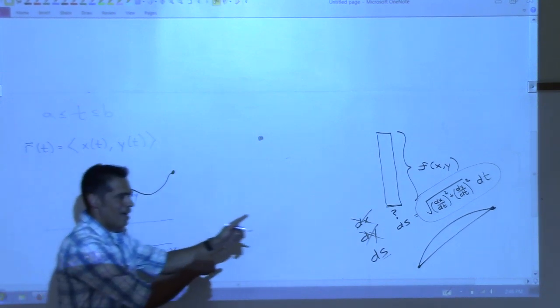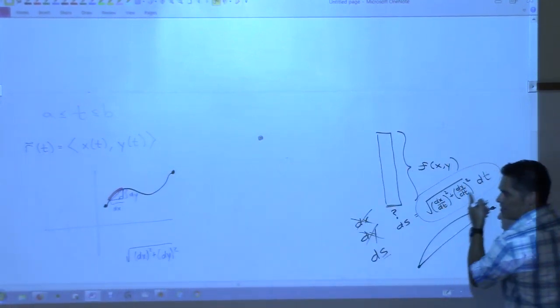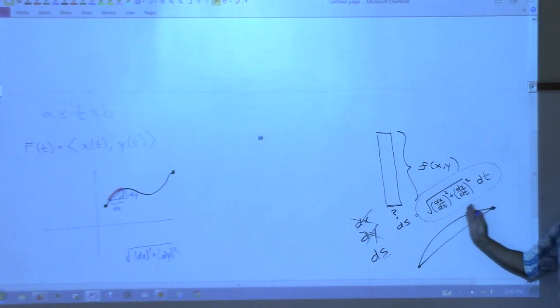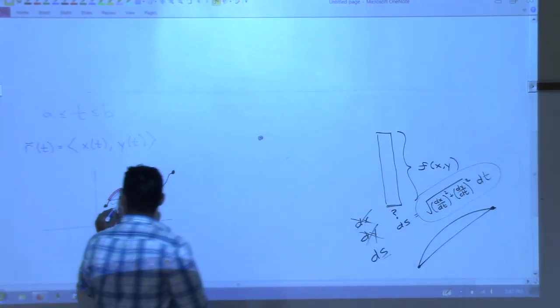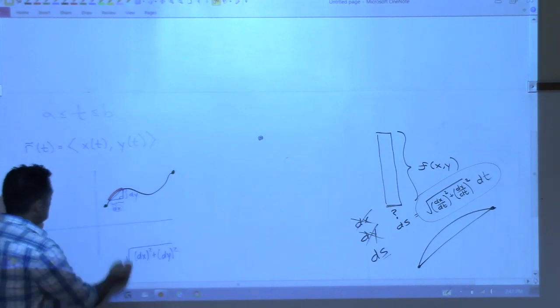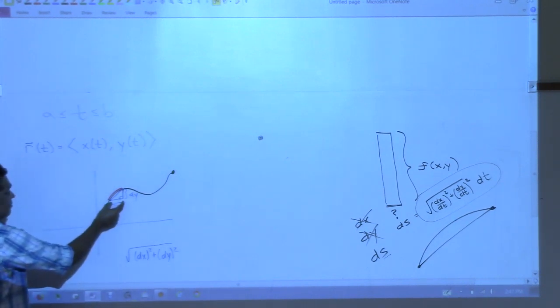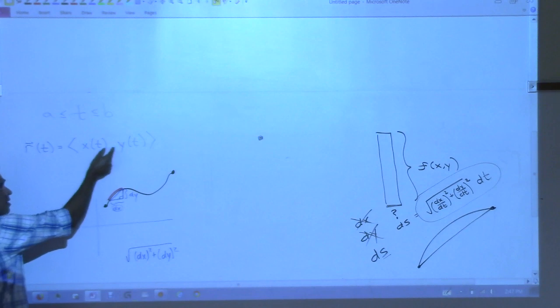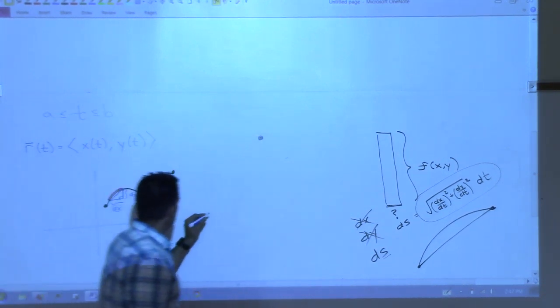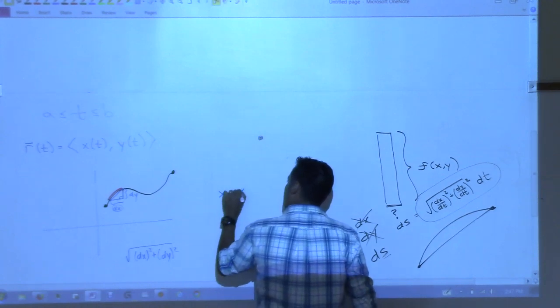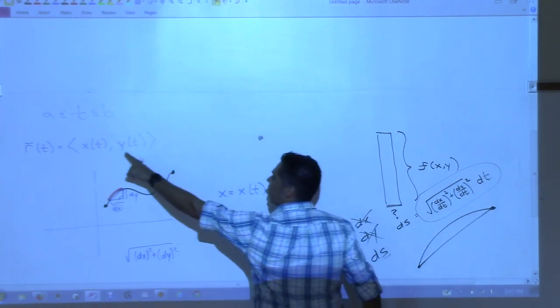Now that's not what I have here, though. So there's something I need to clarify here before we can get to this formula, and that is this. When I say dx here, I'm saying how much x changes by, right? Here's what x is, here's what y is. So I'm going to write down what x is. x is x of t, is that function, right?